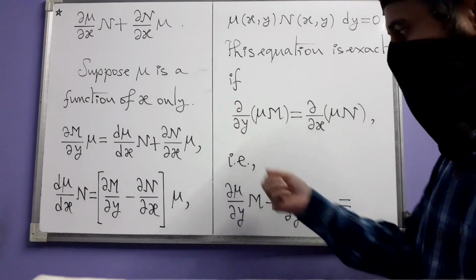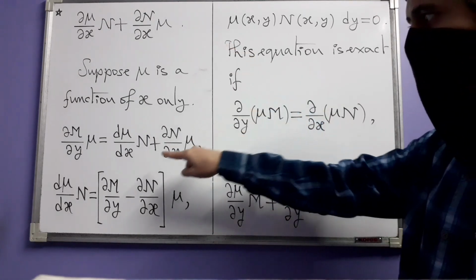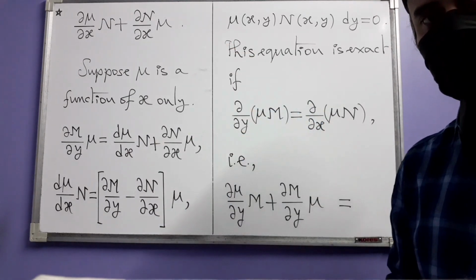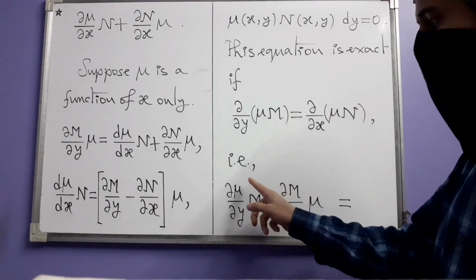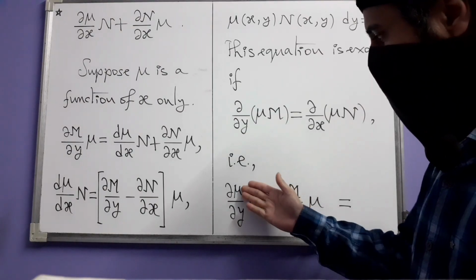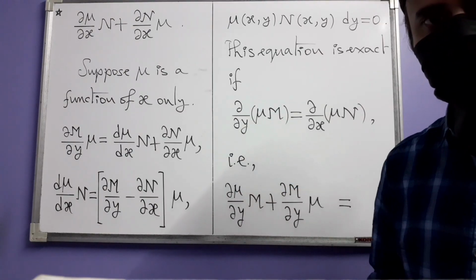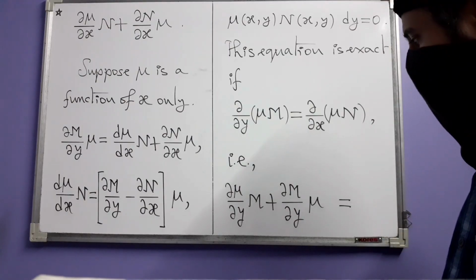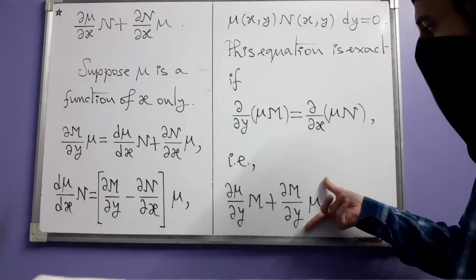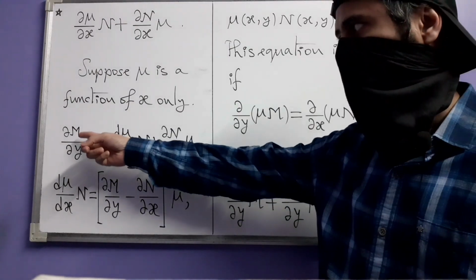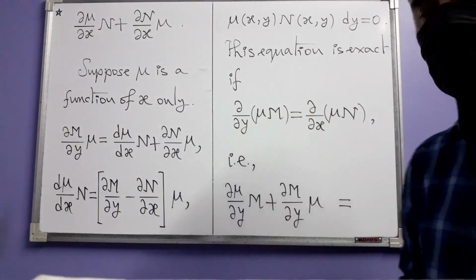In this case, this equation turns into this. Why? If mu is only a function of x, then this partial derivative vanishes, it becomes 0. So we are left only with this on the left hand side, del m del y times mu.